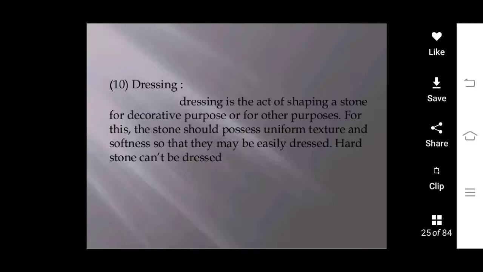Dressing is the act of shaping of stone for decorative or other purposes. For this, the stone should possess uniform texture and softness so that they may be easily dressed in desired shape and size. Hard stone like igneous rocks can't be dressed easily.